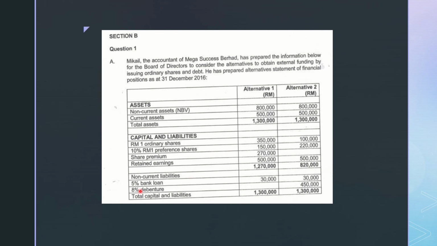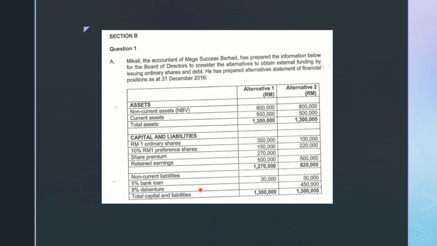And then from the bank loan, accrued interest on the bank loan can also be a current liability. Another one is interest on debenture. Accrued interest on debenture can also be part of current liability.